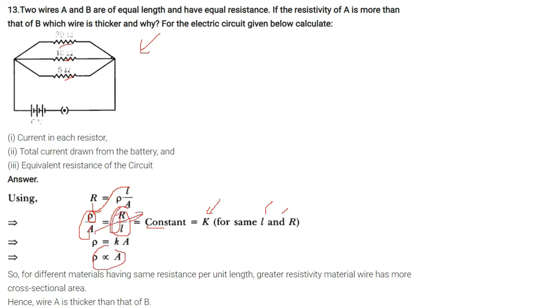So rho is directly proportional to the area. For different materials having the same resistance per unit length, the material with greater resistivity will have more cross-sectional area because of this relationship. So wire A is actually thicker than wire B.